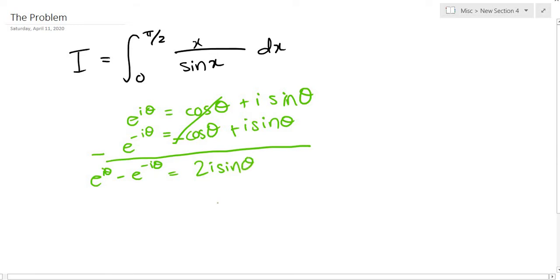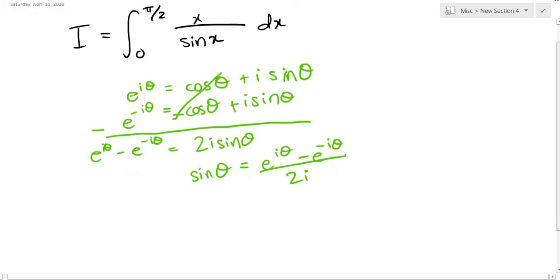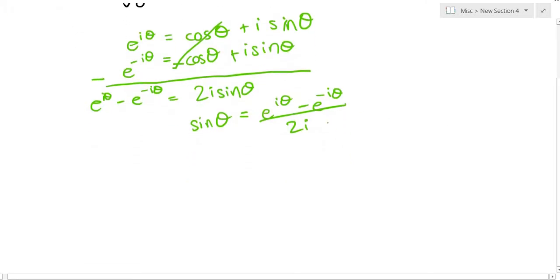Why don't we divide both sides by 2i? So we obtain sine theta is nothing but e raised to i theta minus e raised to negative i theta over 2i. So that's a pretty compact definition of the sine in terms of these exponential functions.